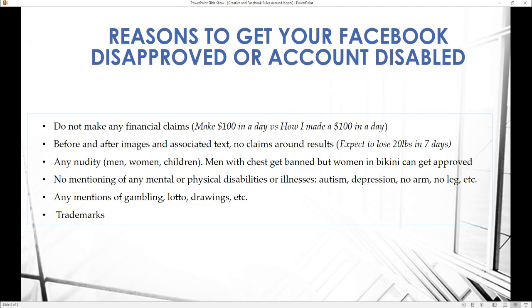So any nudity is not allowed. So what you're gonna see, even outside of the ads, is that if you try to post a picture of people, I don't know, looking pretty nude for whatever that could mean in this case, because Facebook is pretty rigid about it. But even sometimes the pictures of children will get disapproved. Facebook will remove them.